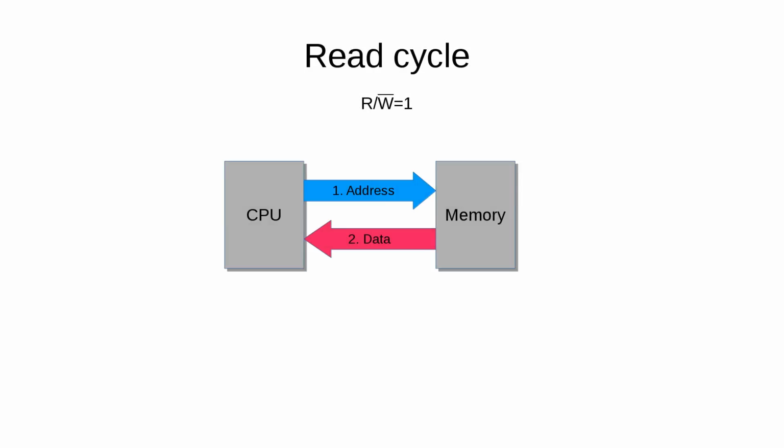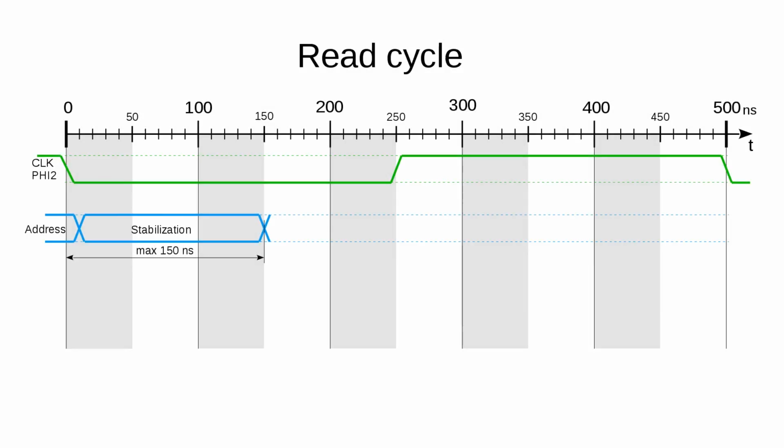Let's take a look at the first CPU scenario, the read cycle. It is very simple. The CPU indicates a read operation by driving the read-write signal high. First, the CPU provides the address to memory, and then it expects data back a little while later. The CPU decides what to do on the negative clock flank.